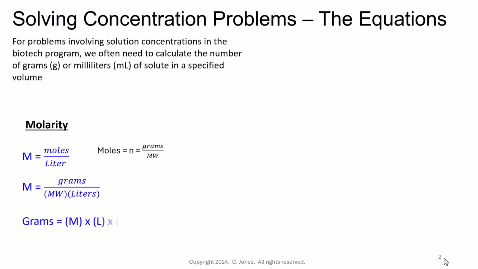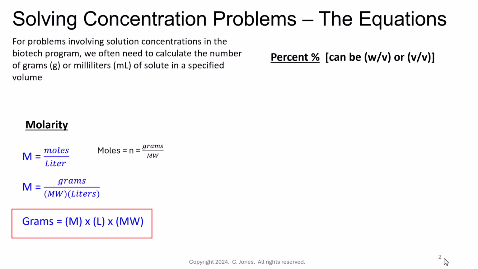Usually we want to find grams, so to find the grams, we take the molarity, multiply it by the liters, and the unit is important here because we do molarities in moles per liter, so the volume needs to be in liters as well, times the molecular weight. So it's molarity times the volume in liters times the molecular weight.